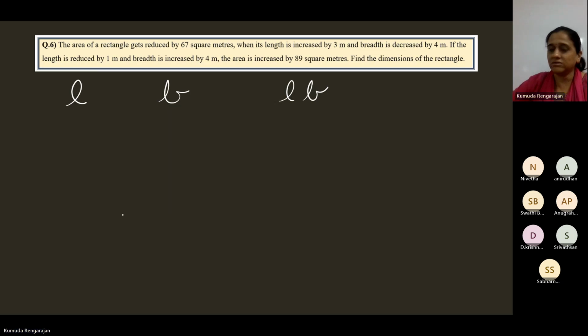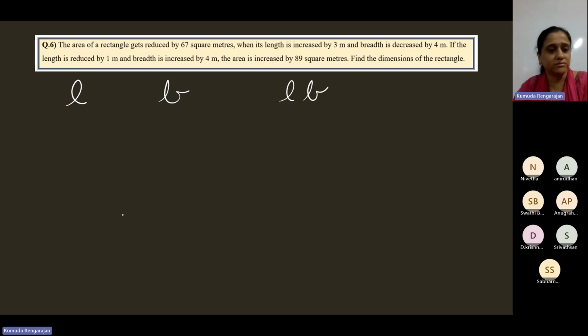Nobody is left out. All of them are included, so the number of students will not change there. But here, when you alter, you're changing the length and breadth.